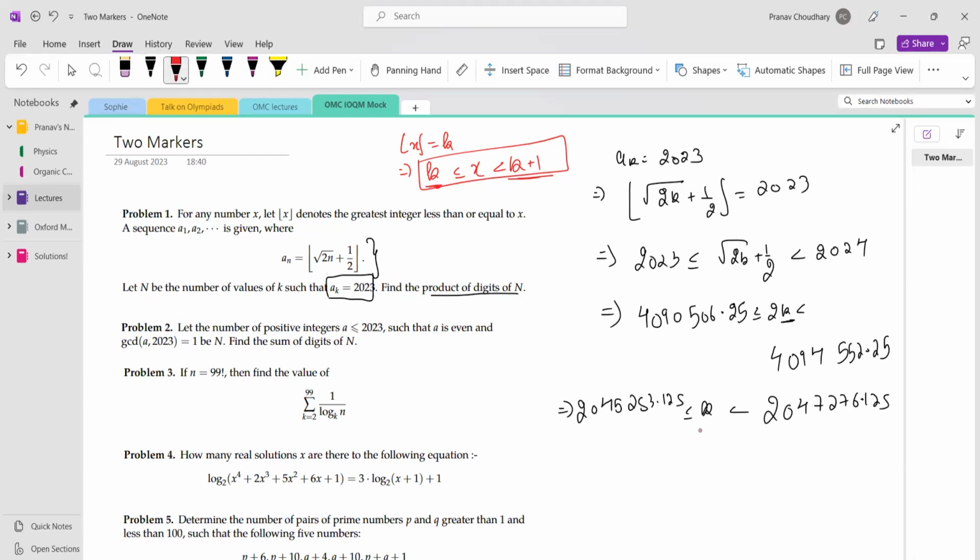Now since k is an integer, the minimum value of k can be 2045254, and the maximum 2047276. So the number of integers in this range should be 2023, I guess. Let's just do that. 2047276 minus 2045254 is 2022. So the number of such integers is 2022.